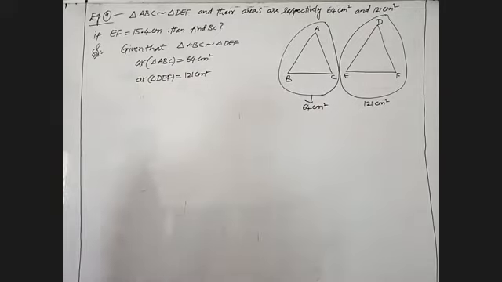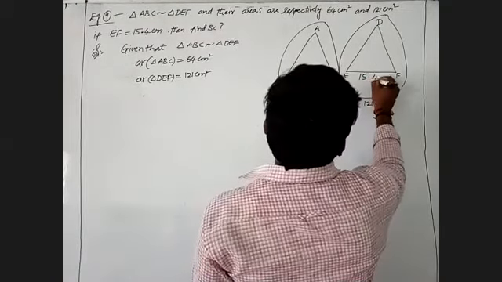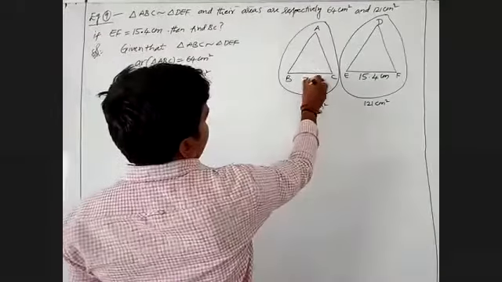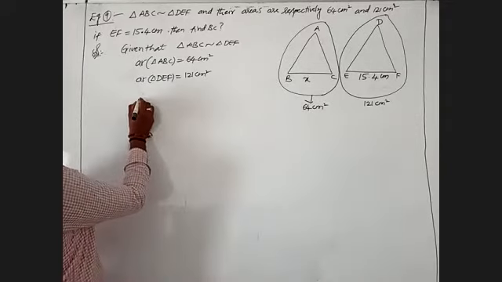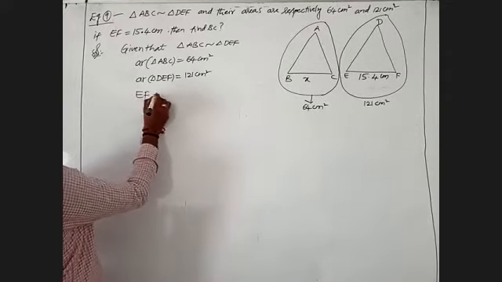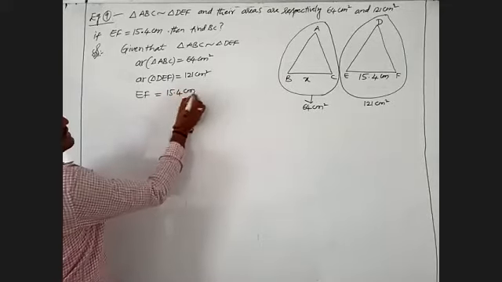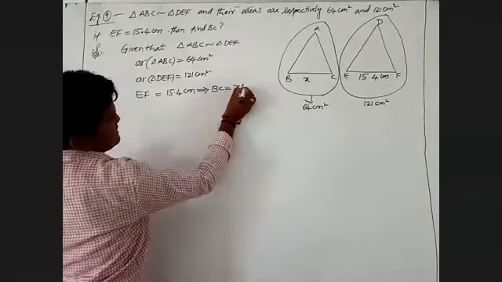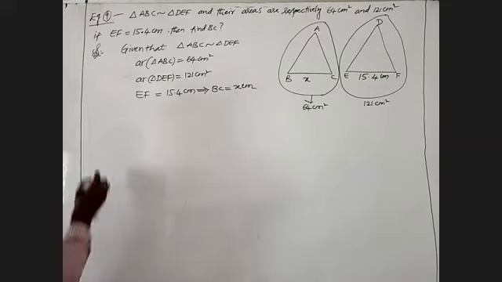And also, sides are given, where the corresponding side EF is 15.4 centimeters. Then find BC. We will write the sides where EF is 15.4 centimeters, then find BC equal to x centimeters.